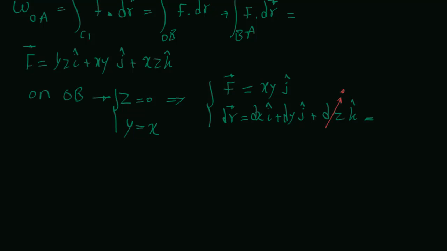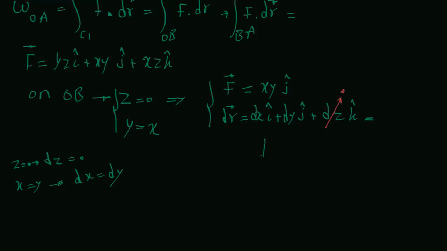And for dx and dy, because y is equal to x, dy is equal to dx. Let me write it down this way: z equal to 0 means dz is equal to 0, and x is equal to y, which means dx is equal to dy.